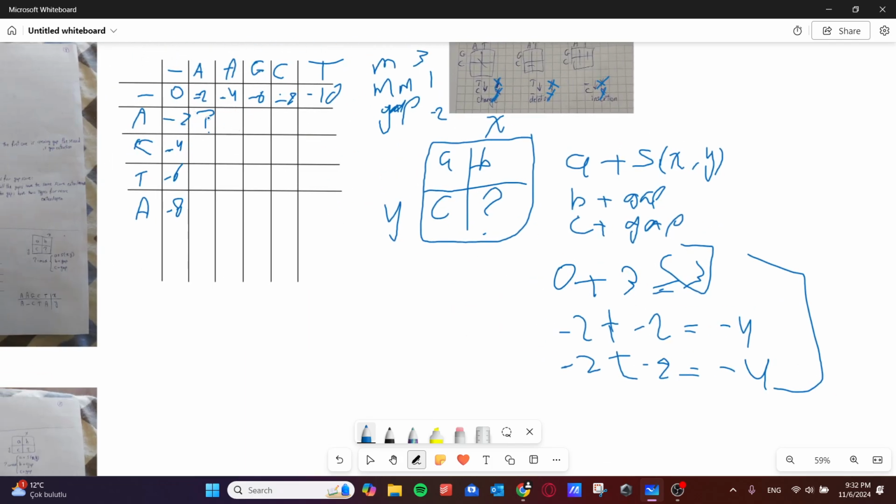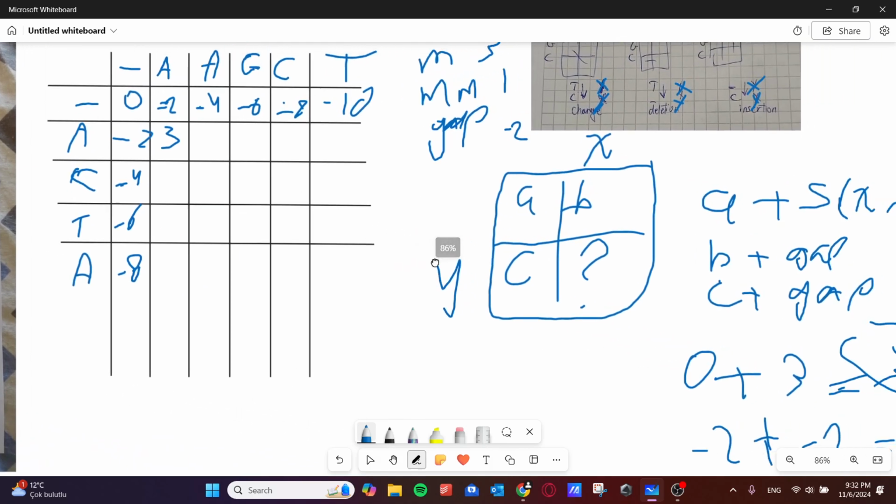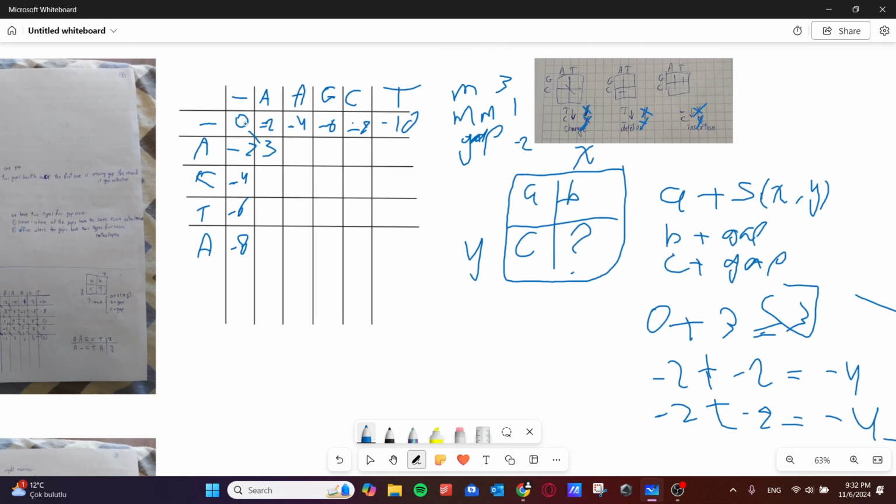We put it here instead of the question mark. You don't have to put a question mark, of course. Okay, so it's 3. And where did the 3 come from? From A, right? So I put a diagonal here because it came from the 0, which is A in our case.